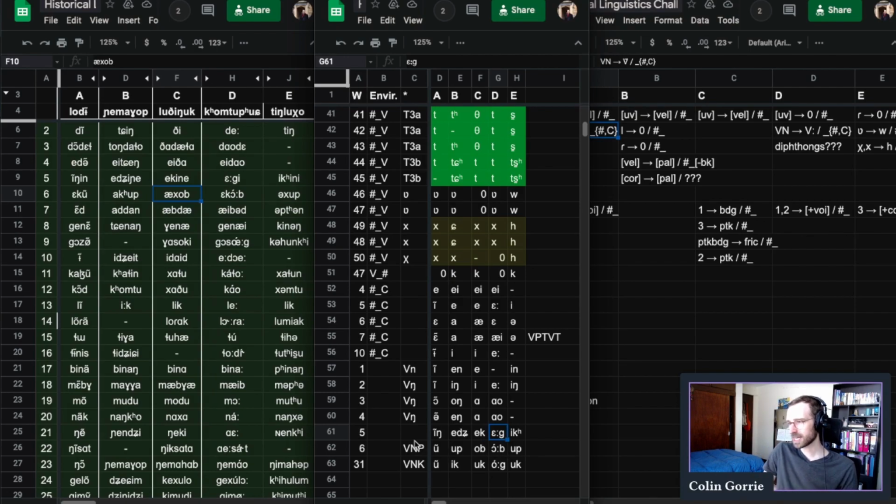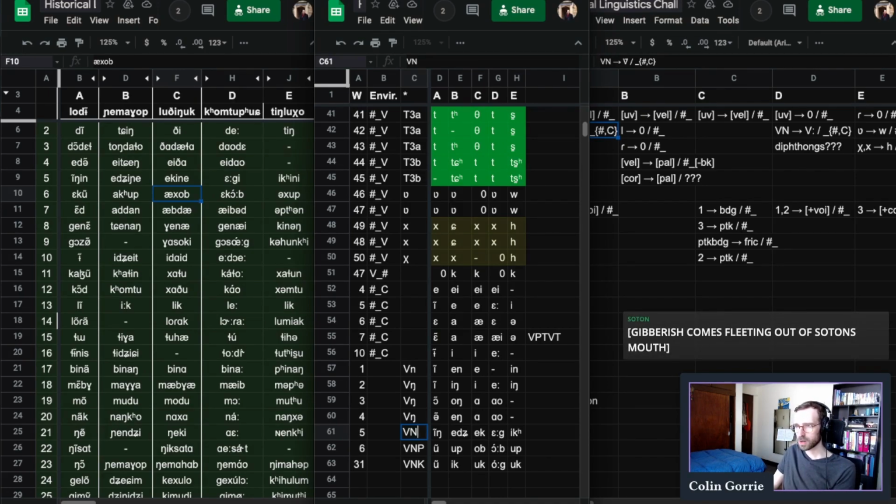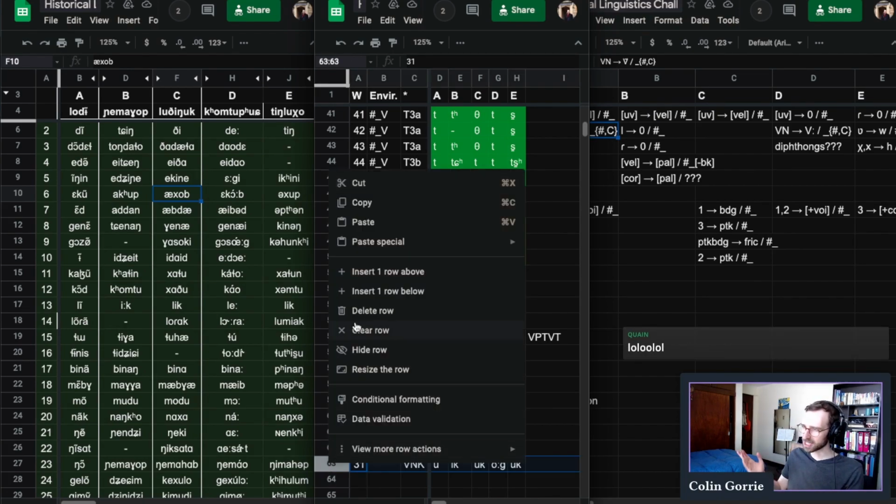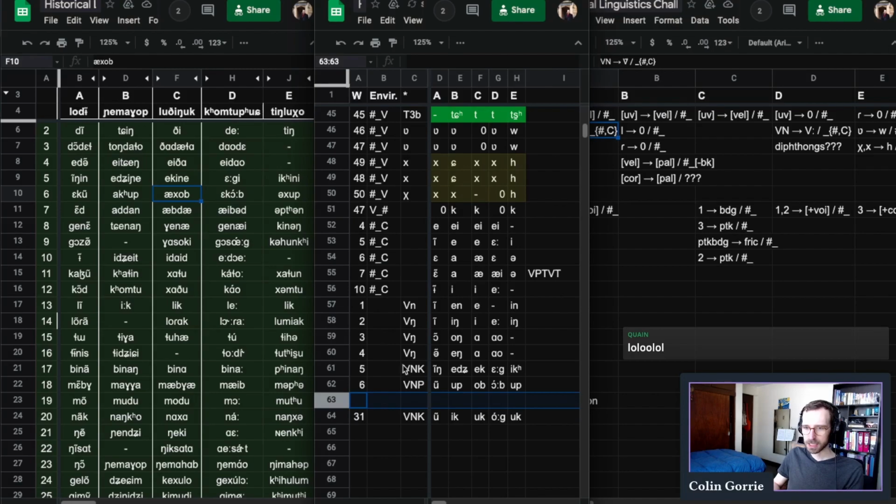This to me suggests a vowel nasal stop sequence. So maybe that's what we have here. If that's true, why do we have a nasal consonant after the nasal vowel in A? This is what I wonder about. So let's treat these as provisional reconstructions. Well, everything's provisional, frankly. Let's continue.